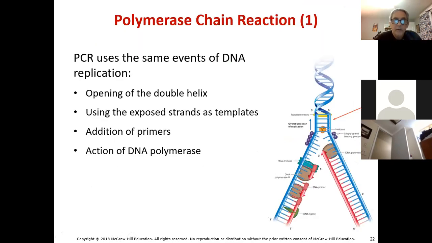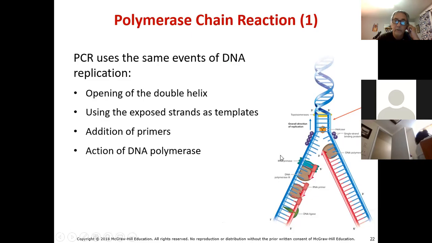Polymerase chain reactions. Actually, this has a lot of applications. One now is for detecting COVID. You can take pooled samples of individuals, and because the virus has messenger RNA for its genetic material, you can take advantage of that and do a polymerase chain reaction.